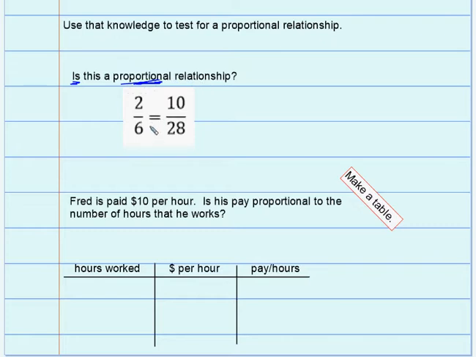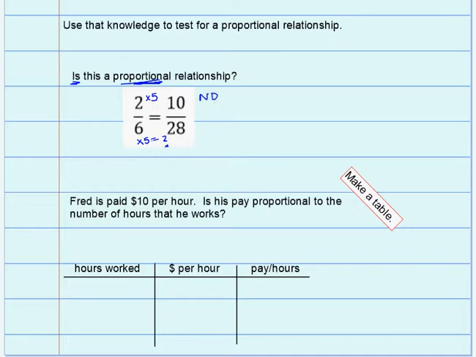It might not be a true statement at all. So we can say, 2 times 5 equals 10. Does 6 times 5 equal 30? Oh, sorry, it does equal 30. Does it equal 28? And so no, that doesn't work.